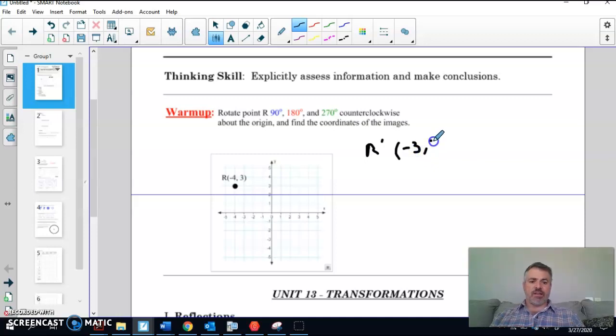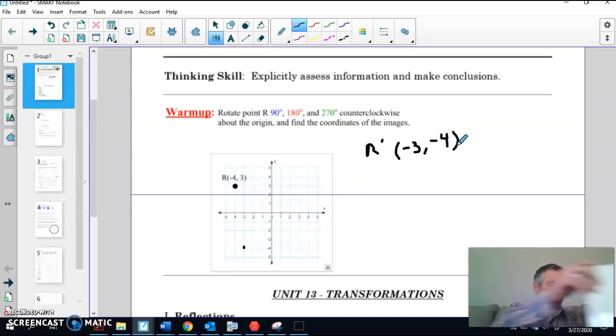And then this stays -4. So it becomes -3, -4. The image point would be there, so that's where R prime is if I did the 90 degrees rotation.